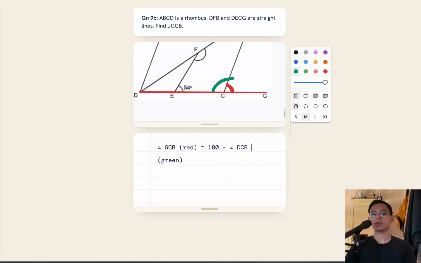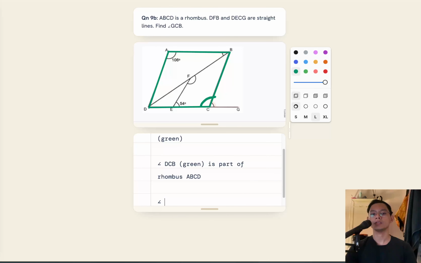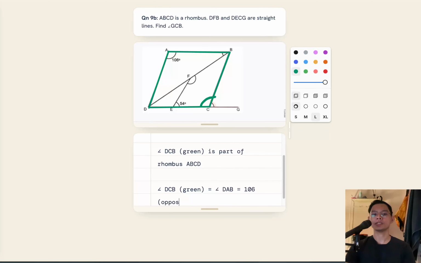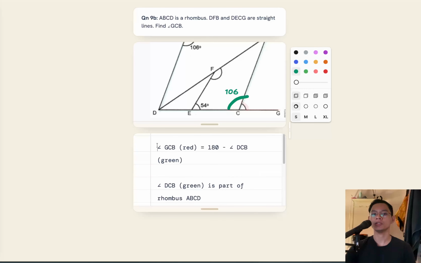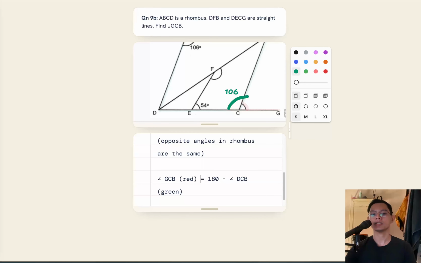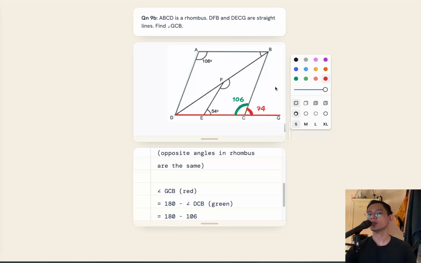Angle DCB is part of the rhombus ABCD. So angle DCB, green, is equal to angle D, equal to 106, since opposite angles of a rhombus are equal. So from there, we can get angle GCB, which is 180 minus angle DCB, essentially 180 minus 106, and this will give us 74. There you go. So that's the answer.